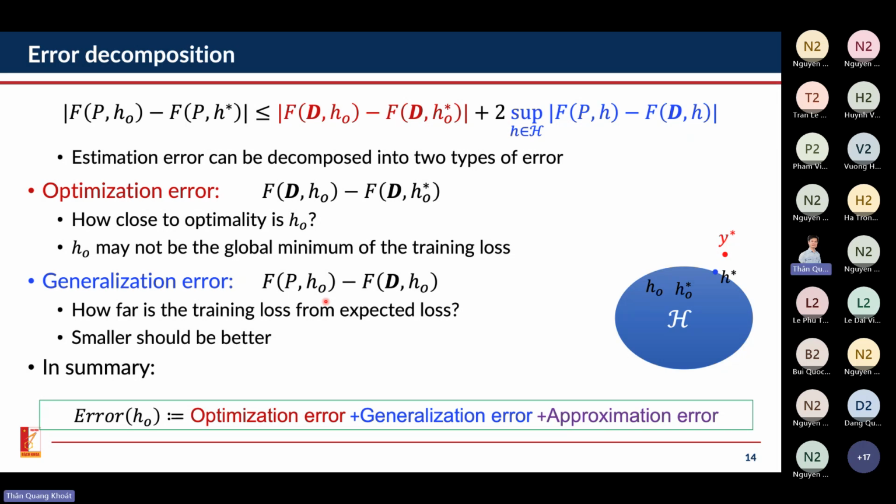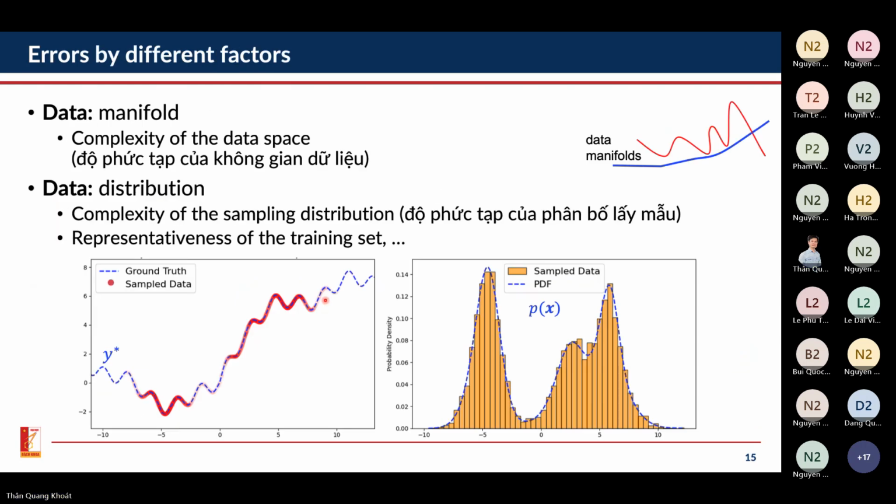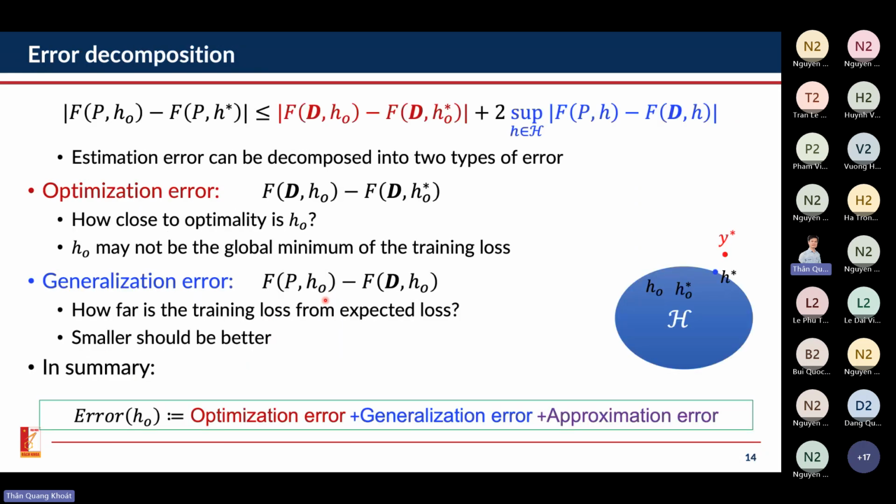Okay, so it seems easy. So let's go. So let's discuss what are the sources of error. We already decomposed the errors of a model into different types of error, right?